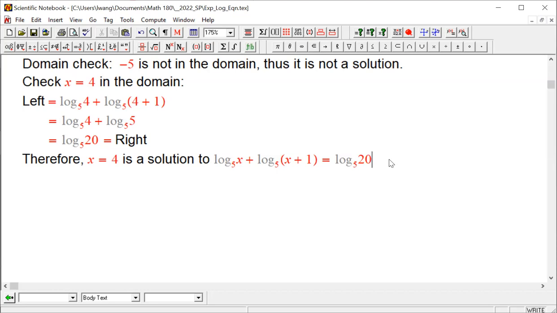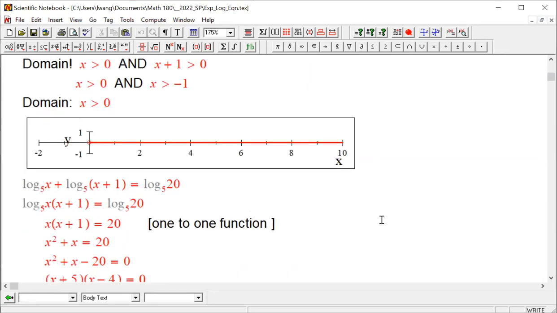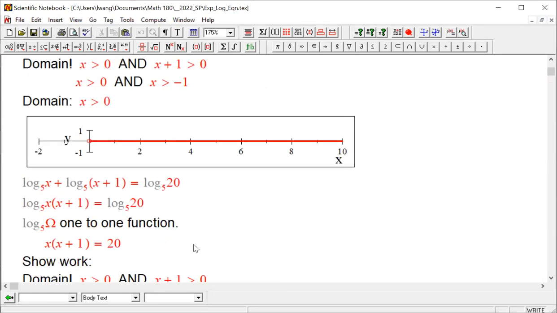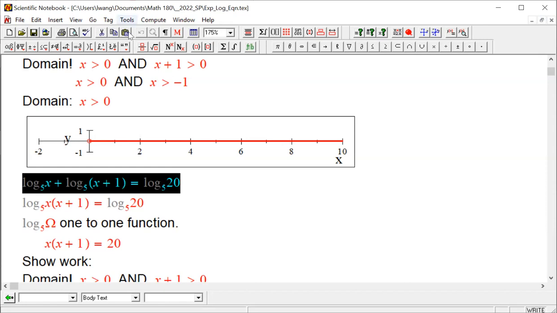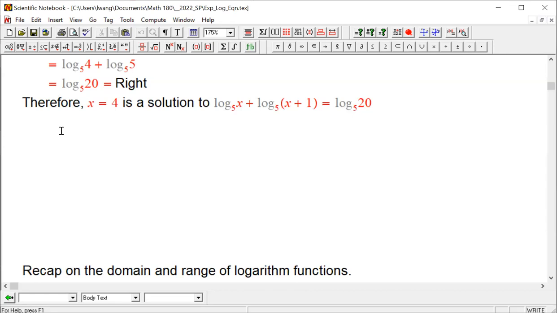In this whole process, we actually did not mention the function perspective. These are if statements. Now, about the function perspective: we certainly can treat this as a function.